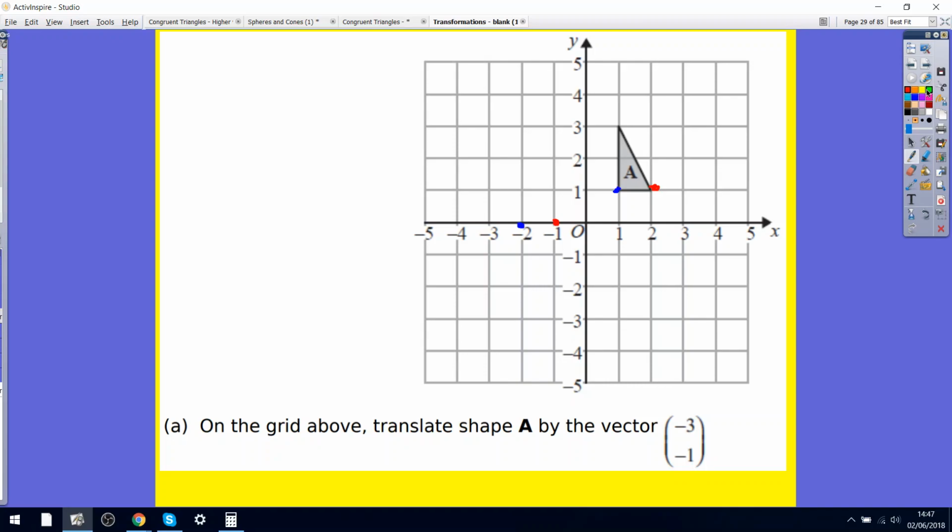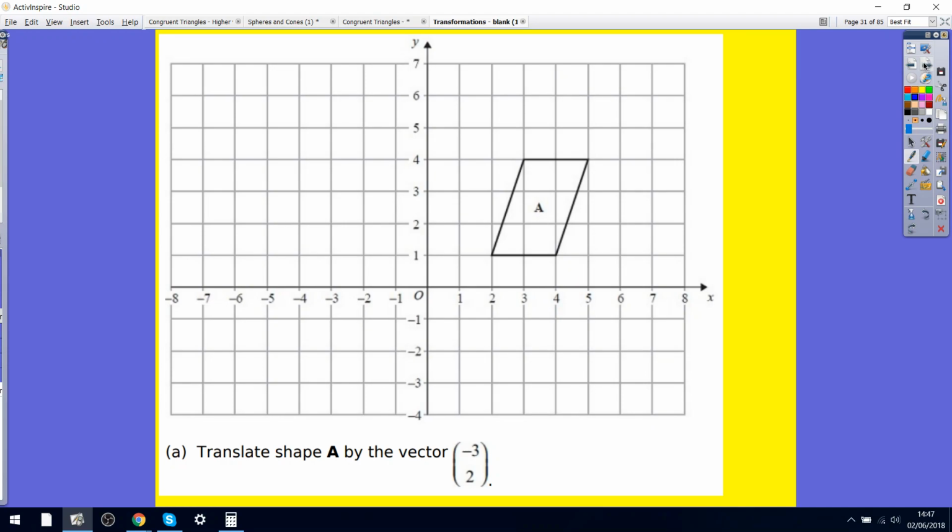Yeah. And let's say last one. Yeah, that's it. And so it's the same for all of them. 3 left, 1 down, and just keep doing that.